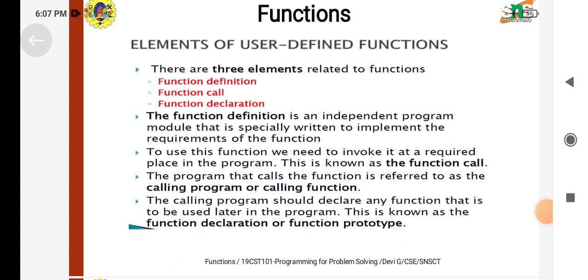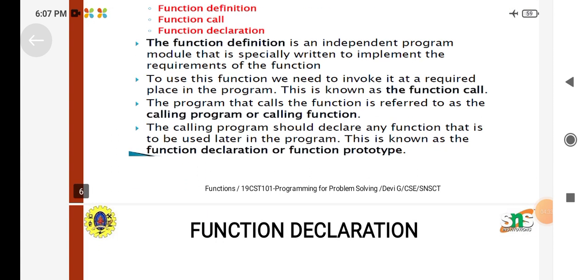This is known as the function call. The program that calls the function is referred to as the calling program or the calling function. This calling function or program should declare any function that is to be used later in the program. This is known as the function declaration.